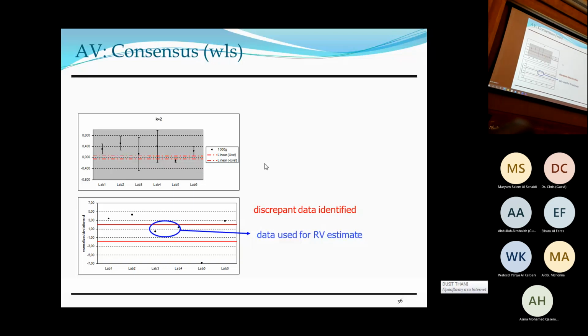Plus, look at the limits here, how small they are. The limits are so small because they're basically determined from the uncertainty of that point.